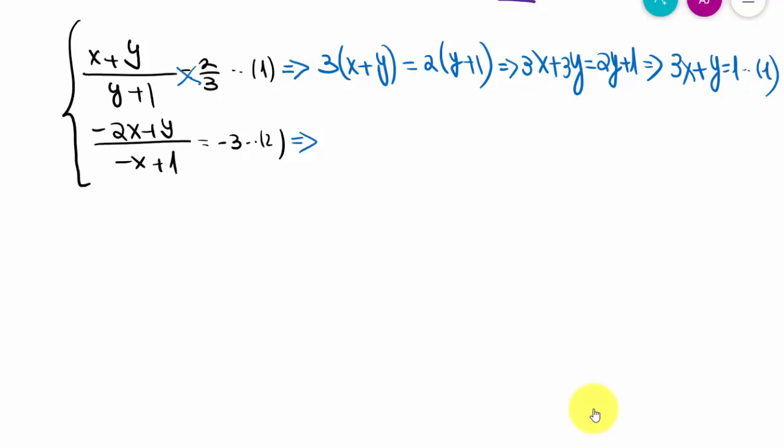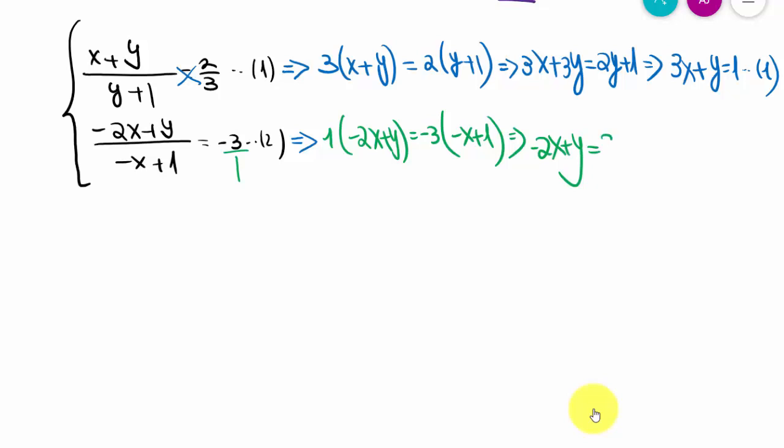Doing the same steps for the second equation, we know that the denominator here is 1, hence 1 times (-2x + y) is equal to -3 times (-x + 1). Further simplifications here, -2x + y is equal to -3 times -x is 3x, -3 times plus 1 is -3. Moving x to the other side, it becomes negative, hence we get -5x + y is equal to -3 is the second equation.